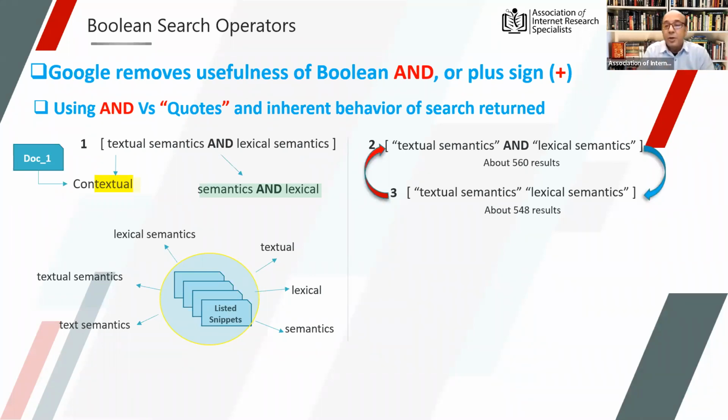So two functions of putting it within quotes. Compare that with 2. Isn't it doing the same thing, where textual semantics and lexical semantics are the two terms, and we want both of these to be returned and mandatorily appear in our search results intact as the way they are written inside of the quotes?